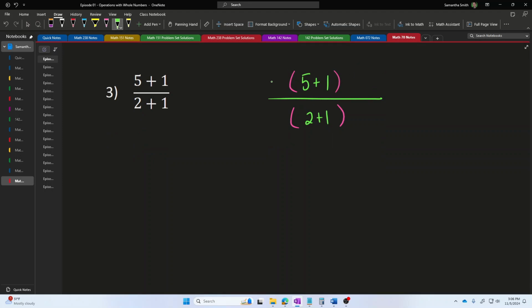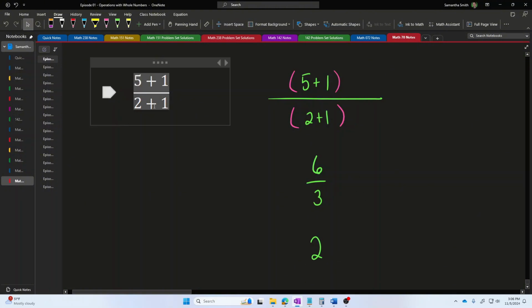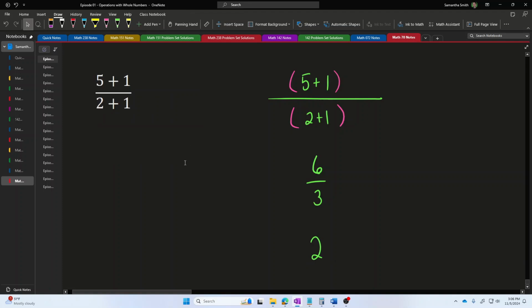So in the top of the bar, I have 5 plus 1, which gives me 6. Below the bar, I have 2 plus 1, which gives me 3. And 6 divided by 3 would give me a result of 2. So that is how I would calculate something like this, 5 plus 1 over 2 plus 1. That would be 2 as the result.